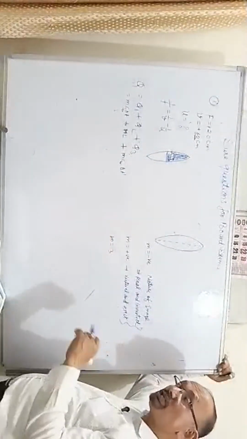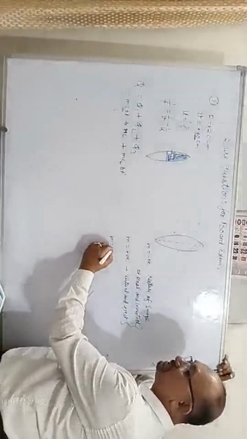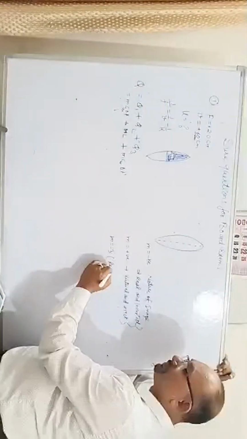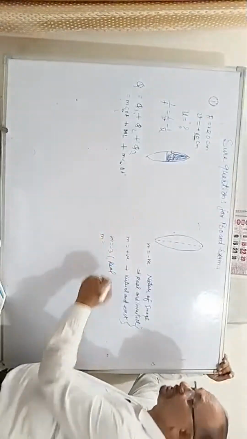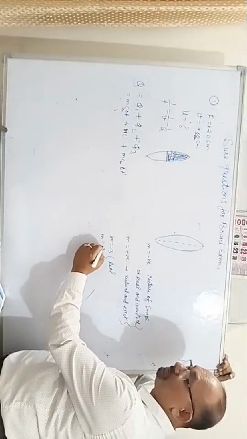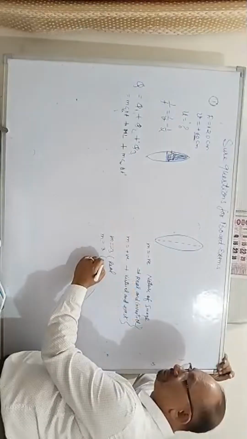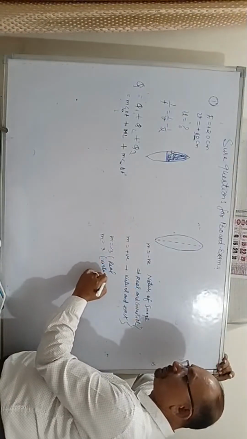It may be positive or negative. Negative in the case of a real image, or the image will be 3 times the object and virtual. In the case of virtual it will be positive.